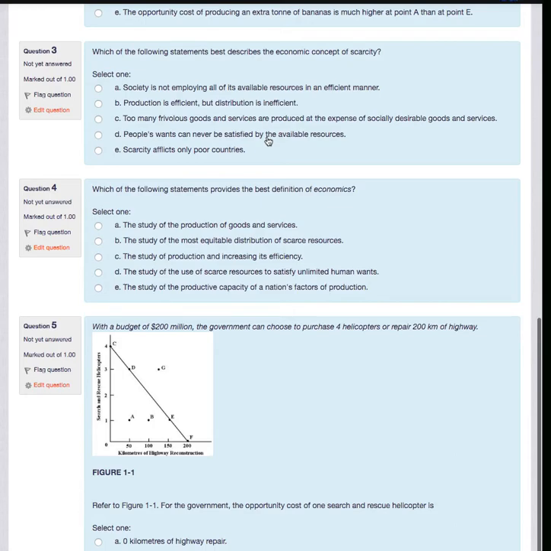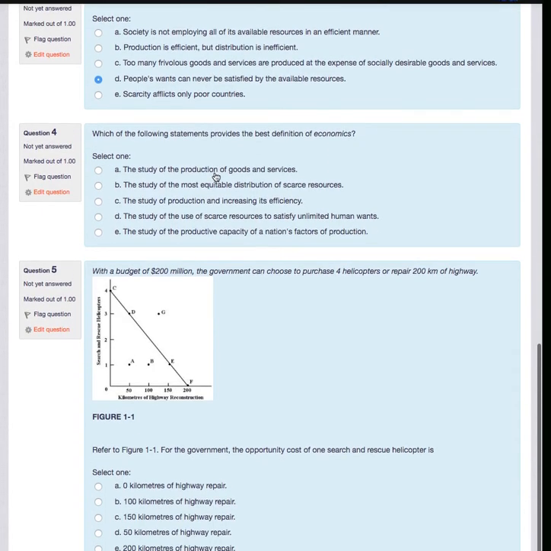Here it's really linking the idea of scarcity, that we want more than what's available, so resources are limited. Scarcity afflicts only poor countries. It's false. Even rich people have limits on what they can consume versus what they would desire. So D would be the best answer. This is more of a trade-off kind of question.